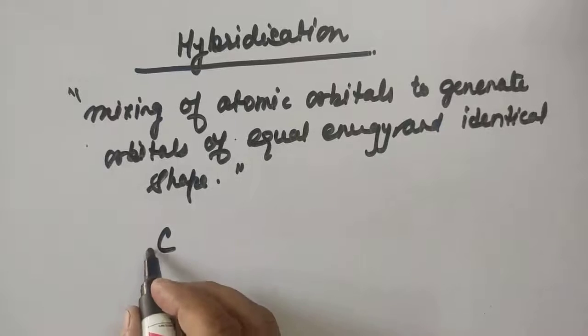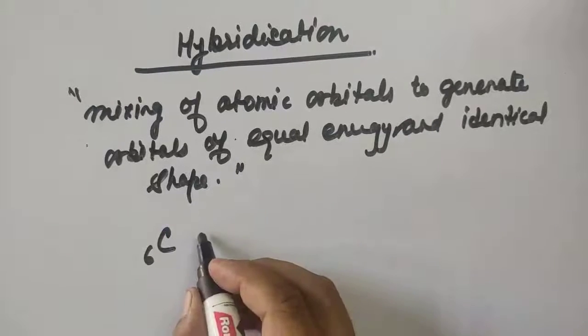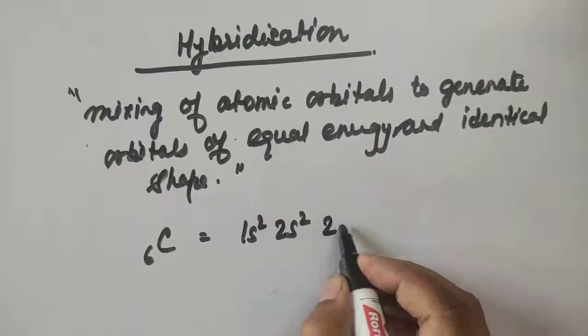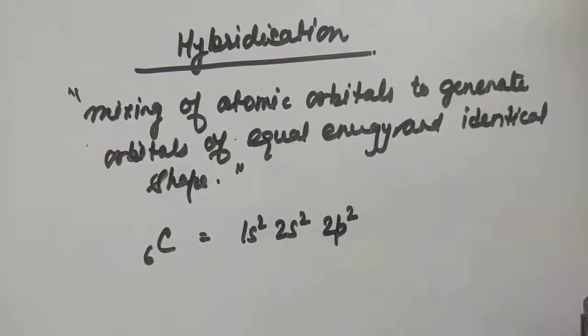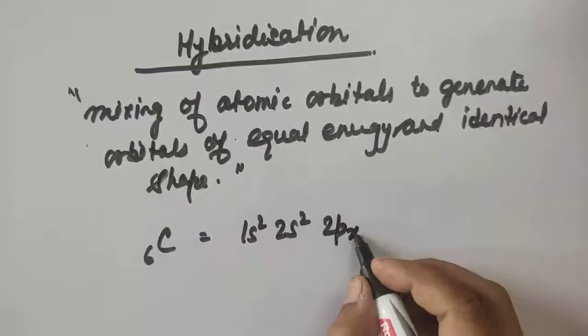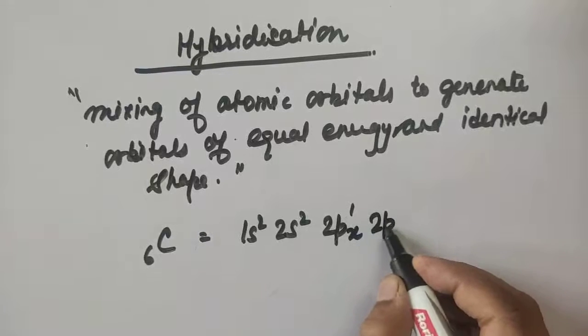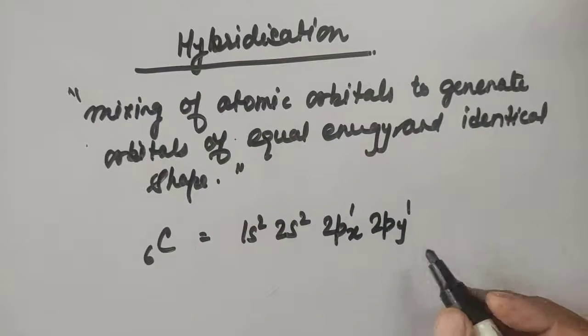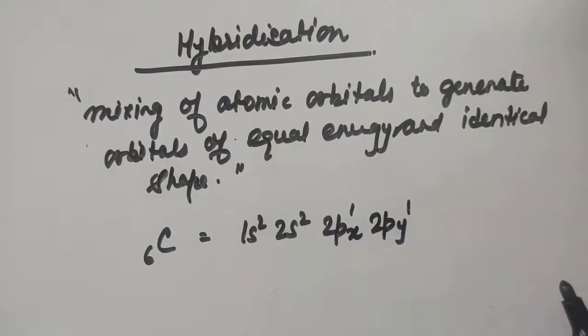Take the example of carbon. Its atomic number is 6 and the electronic configuration you can write as 1s2, 2s2, 2p2. More clearly, you can write 2px1 and 2py1, since the p subshell has 3 orbitals, so 1 electron in each orbital.